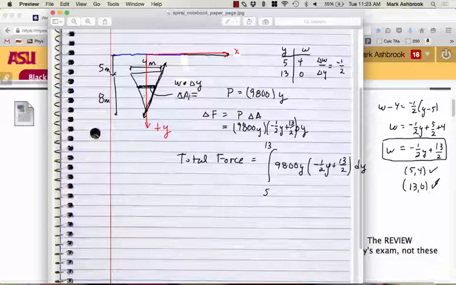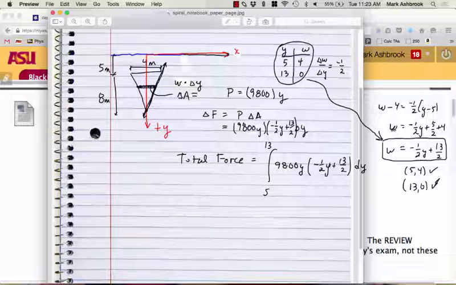Then that width is a function of y. It's a linear function because this is a triangle, so that's a straight line. It's not a circle, it's not a parabola. So the width varies with depth. When depth is 5, width is 4. When depth is 13, width is 0. And that gives me my points to set up the equation.